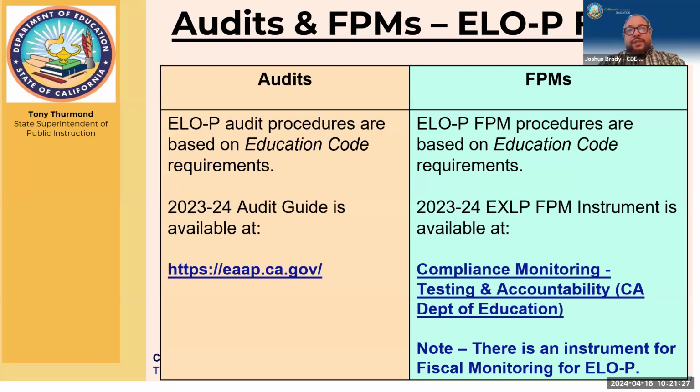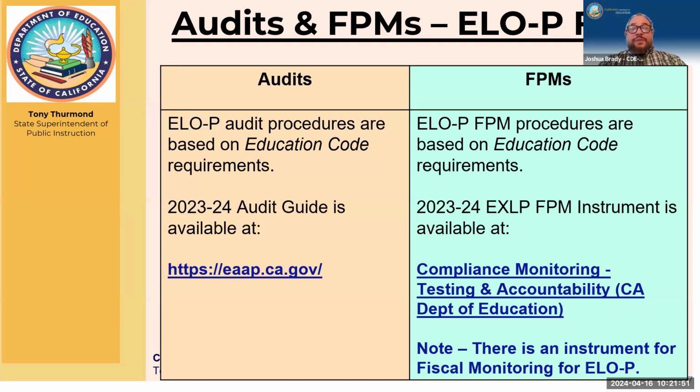So again, this is just aligning more so with this process, and there will be two reviewers. One will be specific to expanded learning, and another one will be from audits and investigations, specifically looking at fiscal processes for ELO-P. And I just want to add one other thing: every year, there's an opportunity for all program offices to update their instruments.